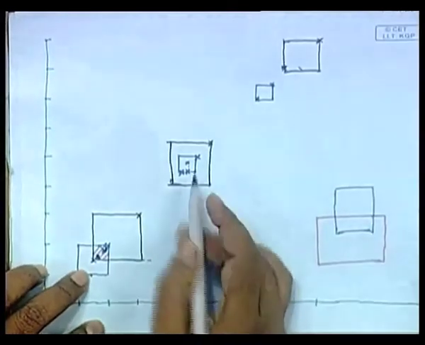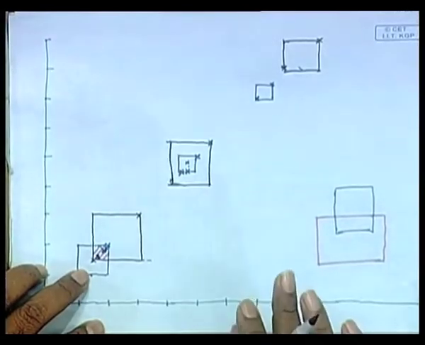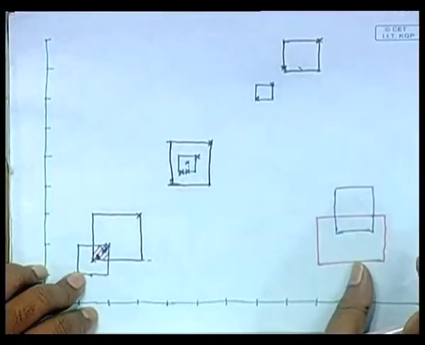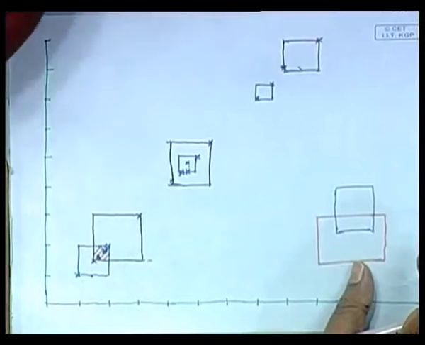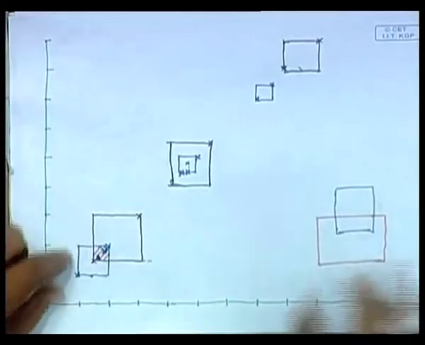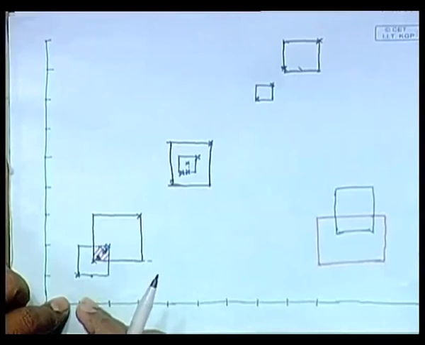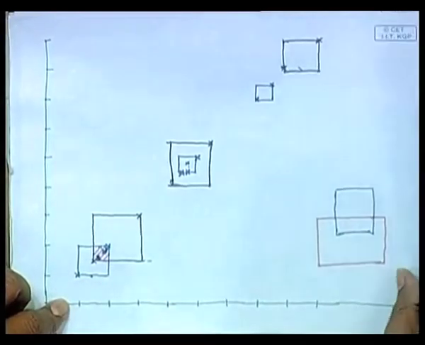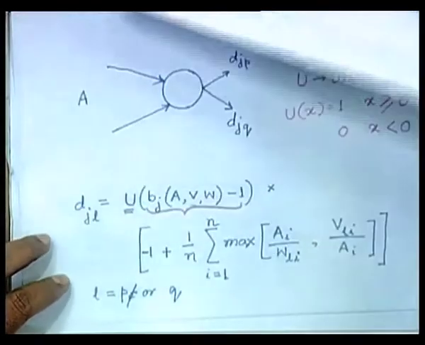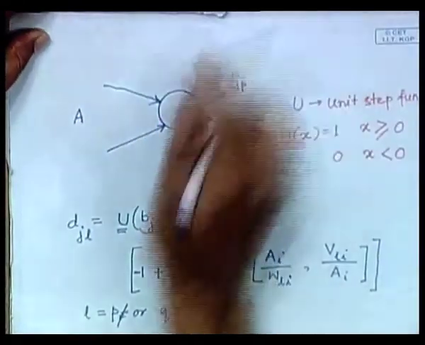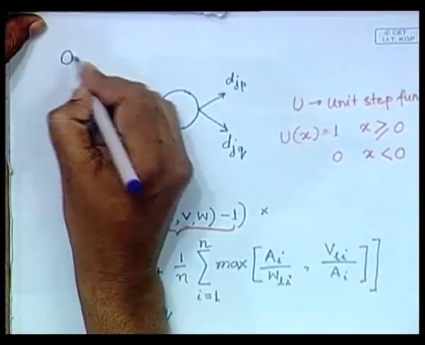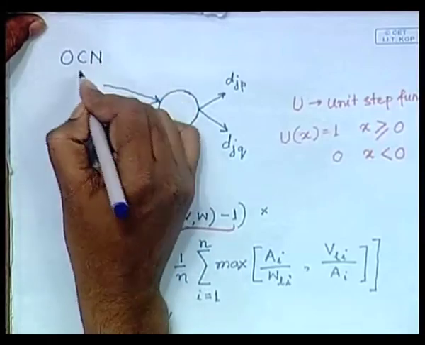Now, what about this containment compensation? As we said, the amount of compensation that you have to provide will be different from the amount of compensation that you provide in this case. Okay. So, this is what is given by, let us put it as OCN or overlap compensation neuron.